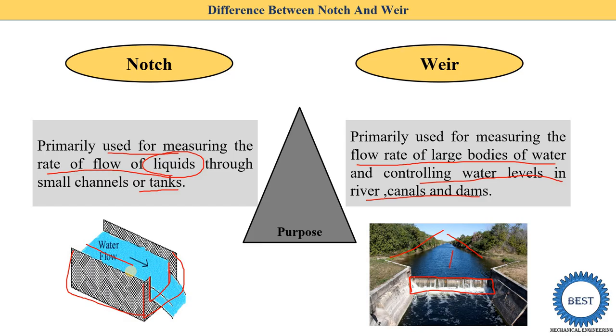Venturi and orifice are used in a pipe, but notches and weirs are used for open channels. Open channel means, as we see this small channel, it is open from one side. A canal or river is also open from one side. At places like a small channel, tank, river or canal, we are not able to use venturi or orifice meters to measure the flow rates. So these are the basic differences between these four components.